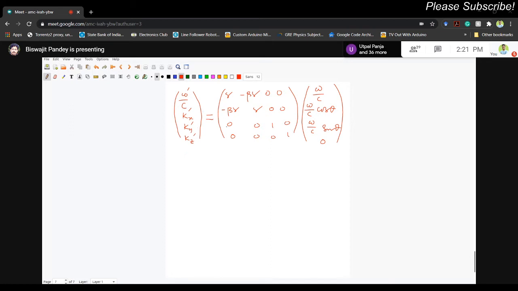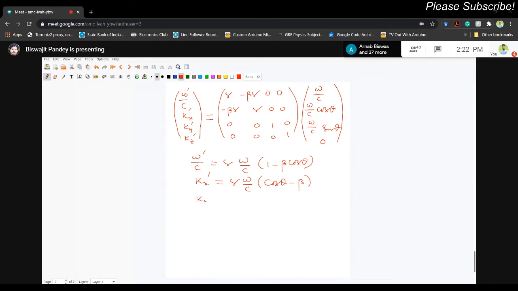So let us now relate the terms omega prime and omega by simplifying this. Omega prime by c will be gamma omega by c into 1 minus beta cos theta, and kx prime will be gamma omega by c, I'm just multiplying this with that, into cos theta minus beta, right?